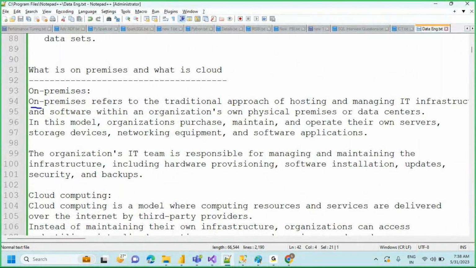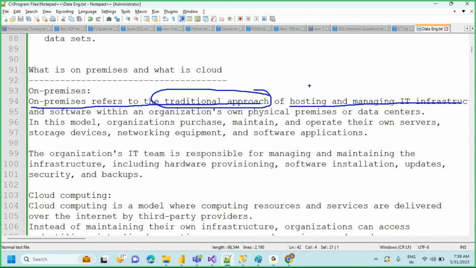On-premise refers to the traditional approach, the traditional mechanism of hosting and managing IT infrastructure. If you want to manage your infrastructure, you have to do it. Hosting of the application, everything you have to do, and the softwares within an organization, physical premises or data centers. Installation of the softwares you need to take care of.